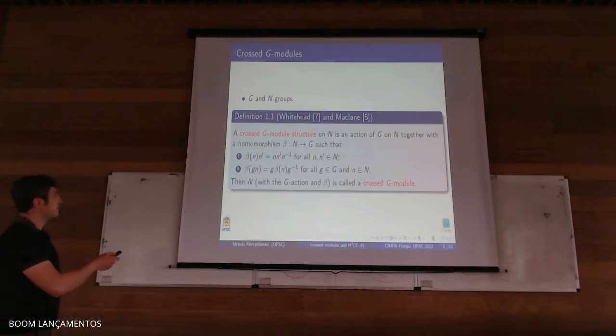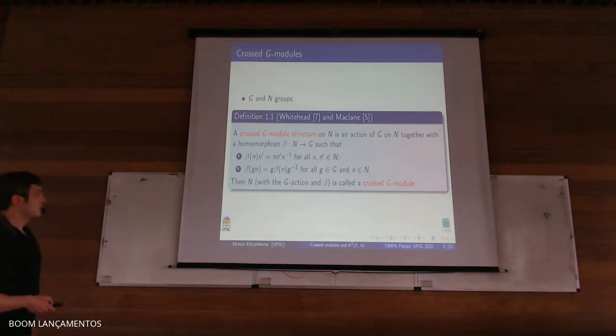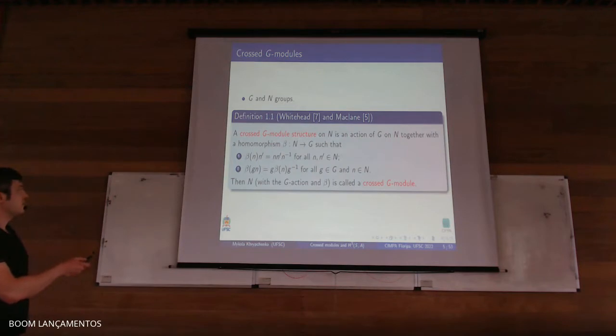So the image of N acts on N by conjugation. And if you act on N by G, then apply β, it's the same as apply β and conjugate in this group G. So this pair consisting of an action and the homomorphism β is called a crossed G-module.